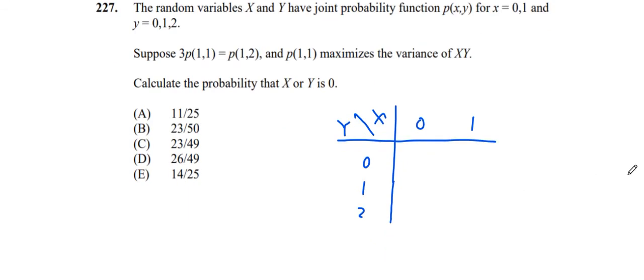So we have 6 probabilities that we don't know. So the only condition we know is this.